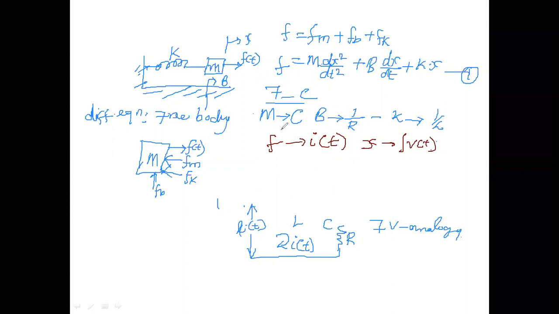So now we can write the equation corresponding to equation number 1. F can be replaced with i(t), so we can write the equation as i(t) is equal to, instead of m, C into dv/dt, plus 1/R into v, because B should be replaced with 1/R. This dx/dt is nothing but your v.